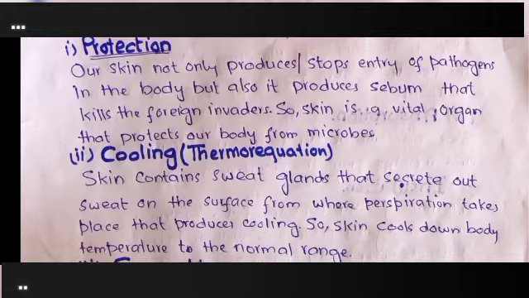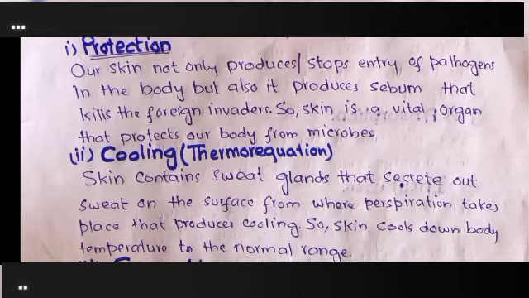It doesn't matter whether the external temperature is 45 or 50 degrees Celsius, our body temperature will be 37 degrees Celsius. It will neither decrease nor increase, because sweat glands will normalize that 45 or 50 degrees Celsius to 37 degrees Celsius by the process of perspiration.